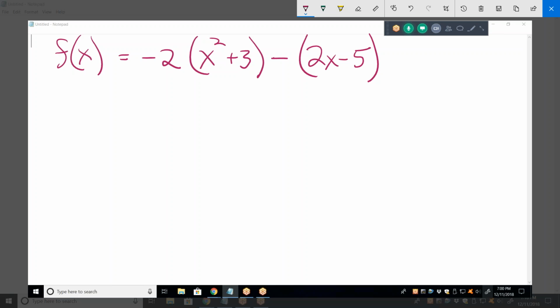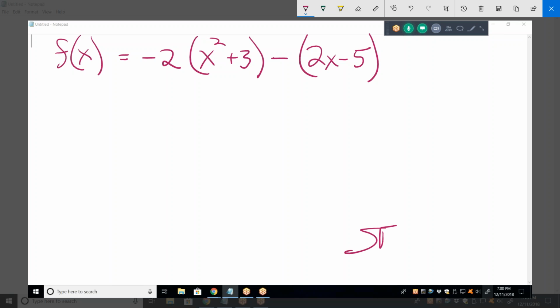They want it to be simplify the function to standard form. Okay. Which means getting rid of the parentheses, basically. Okay. And then combining terms. We know what standard form is.